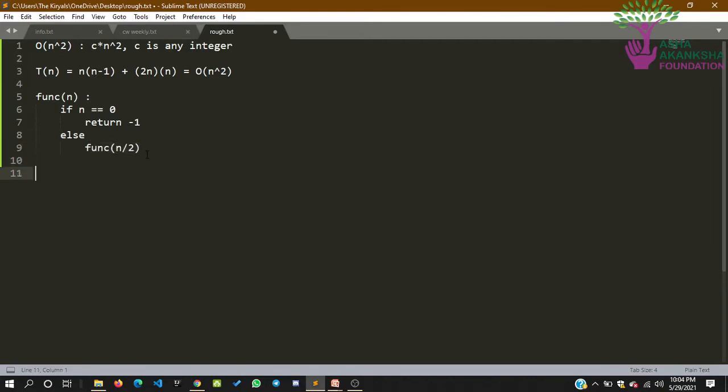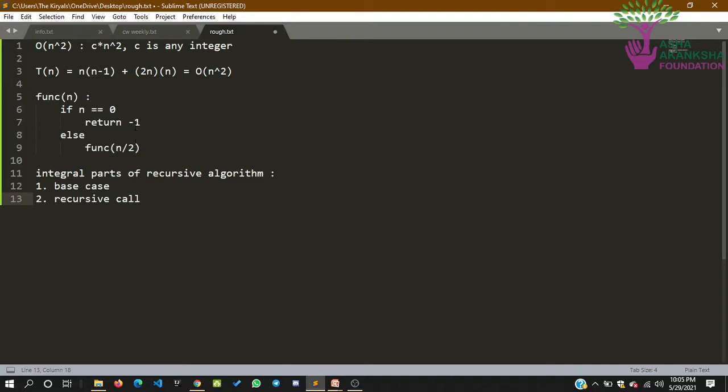For any recursive algorithm, there are several integral parts. First thing is there should be a base case. This is the part where the algorithm stops. There should be a recursive call.